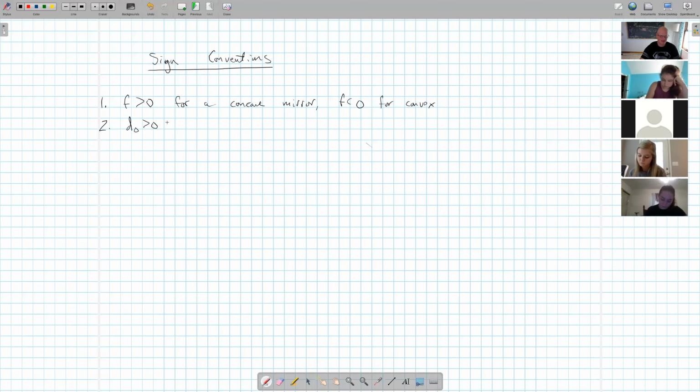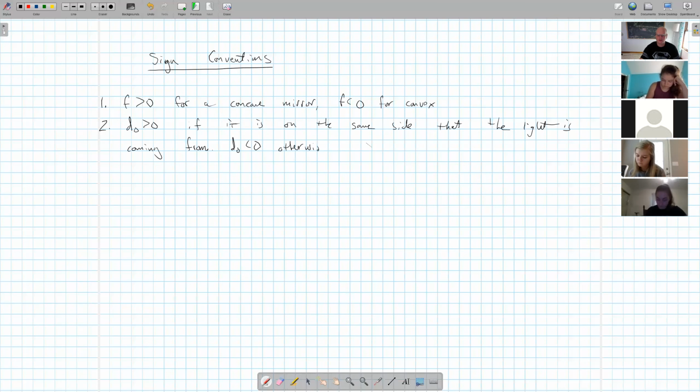Okay. Number 2: object distance is positive if it is on the same side that the light is coming from. Negative otherwise. So DO is negative otherwise.